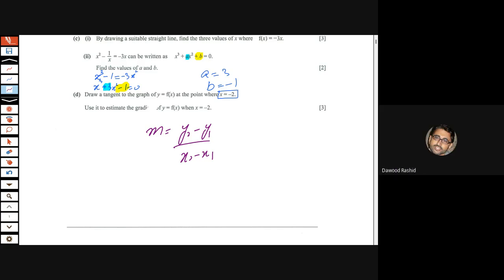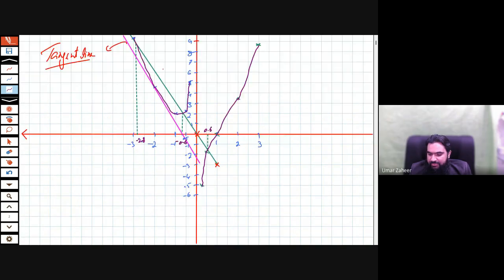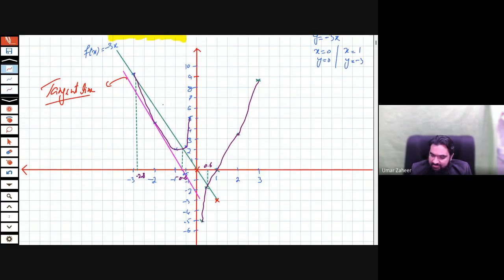Yes, sir. So you have to choose any 2 points on the line. Obviously, I'm going to choose one point that is itself, minus 2 and 4.5, I think, and any other suitable point. We can choose this one, minus 1 comma 1.